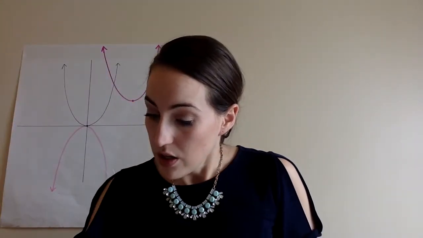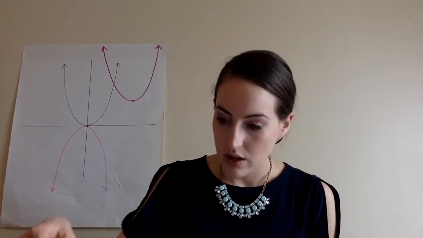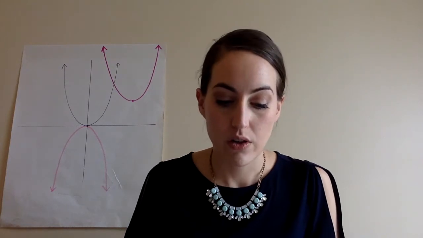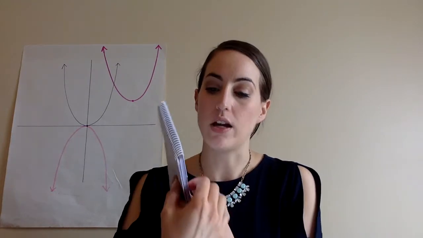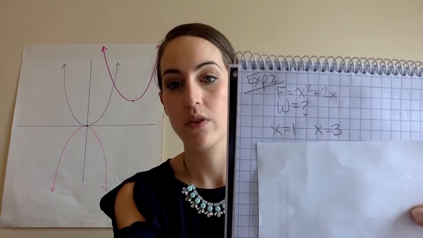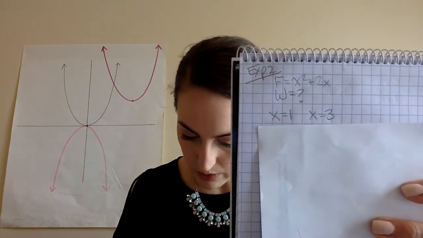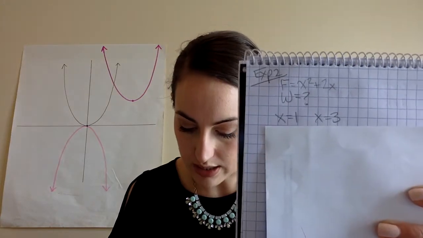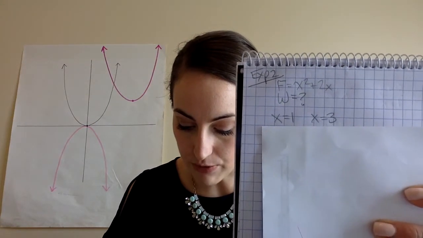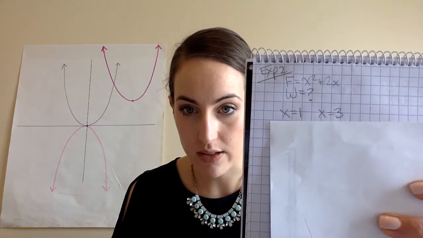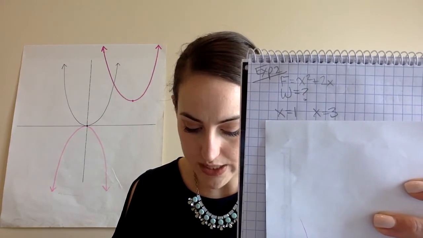Okay, so example 2, and we are given a force, and we are asked to find the work, and we're also given our a and b. So we have, when a particle is located a distance x feet from the origin, a force of x squared plus 2x pounds acts on it.